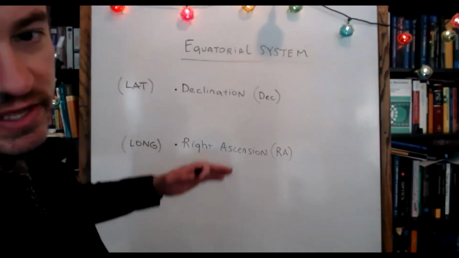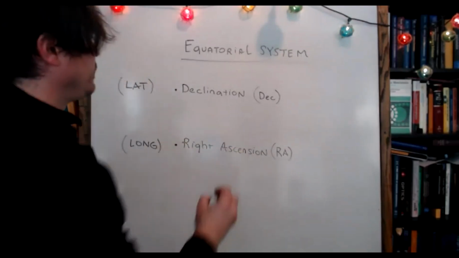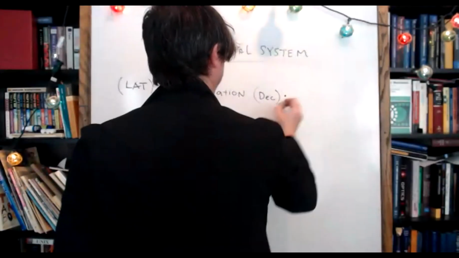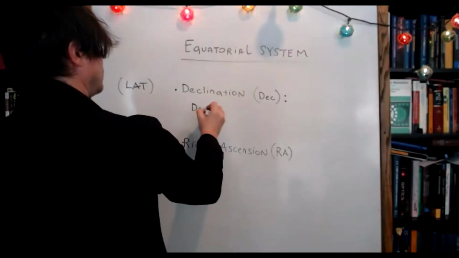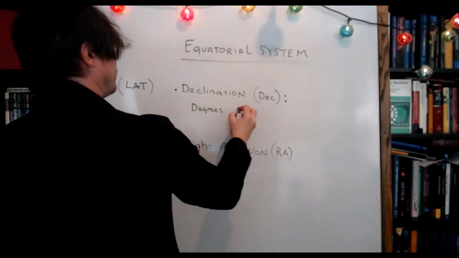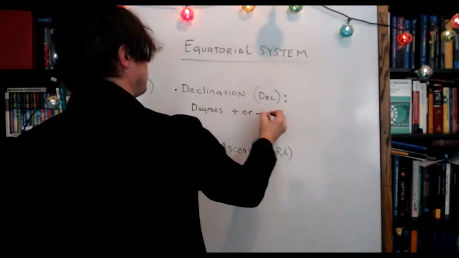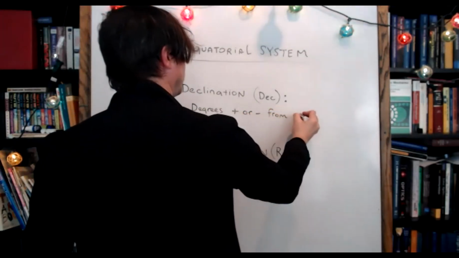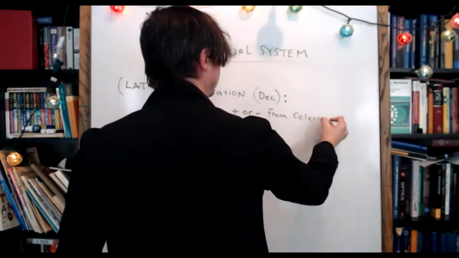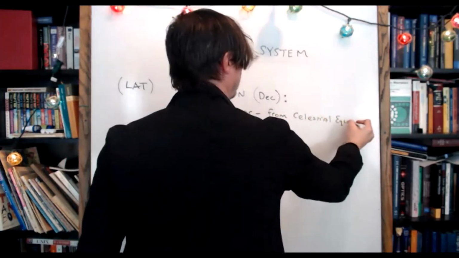Now, the declination is based on the celestial equator. So the declination is defined as the degrees of a star, positive or negative, from the celestial equator.